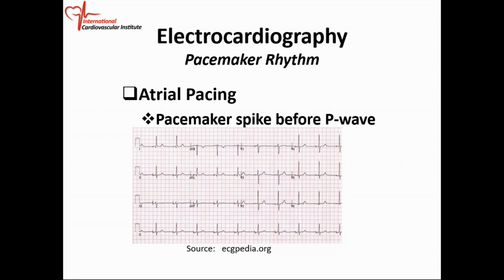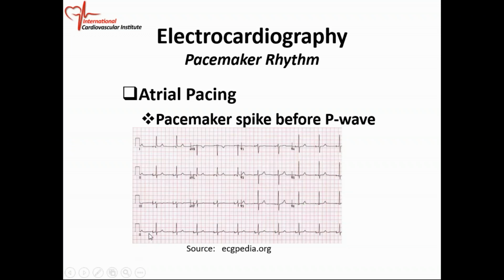The impulse will travel down through the atrium to the AV node, and then cause stimulation of the AV node, the bundle of His and the bundle branches. The complex is narrow. You can see that the complex is narrow because the impulse originated in the atrium. If the impulse originated in the ventricle, then the complex is going to be wide.